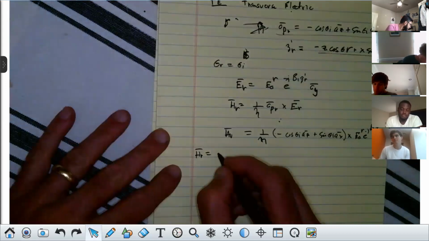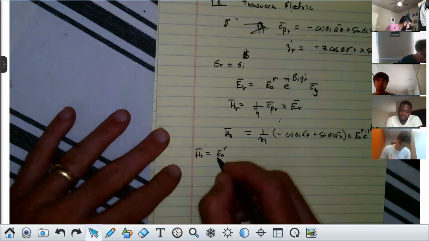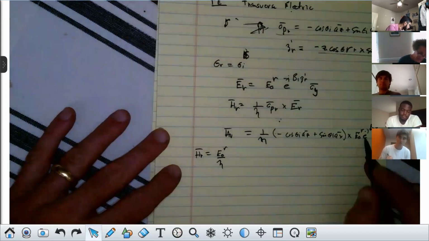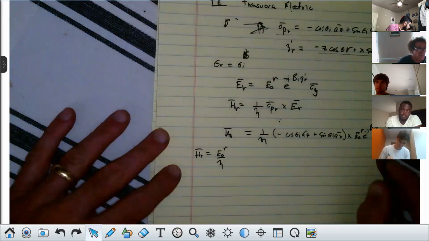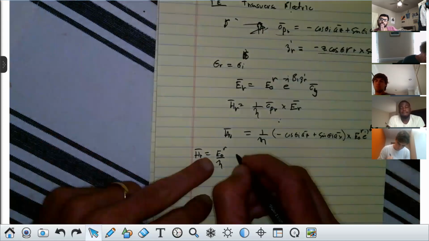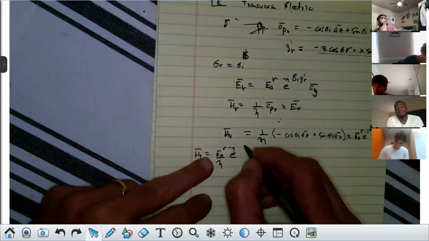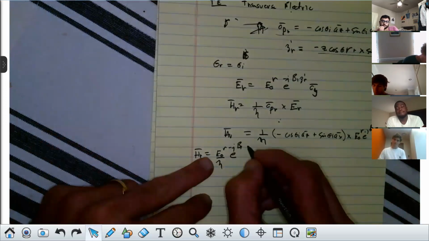Next, I can bring this e to the minus j beta 1 R z prime here reflected, because it's a simple scalar value. It has no vector sense, right? I can pull that out in front. It's not exactly a scalar, but it's got a real and imaginary part, but it's not a vector. E to the minus j beta 1 times z prime right there, reflected.